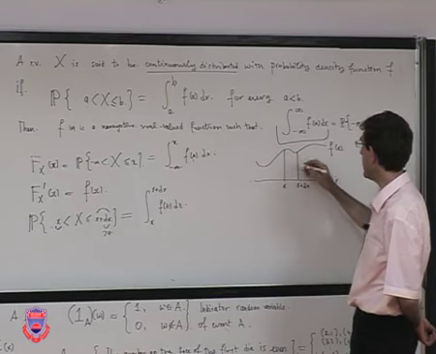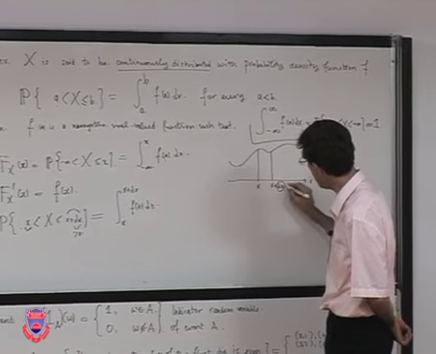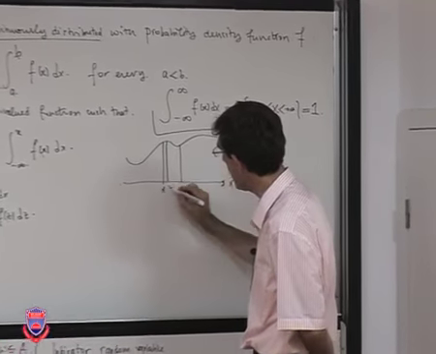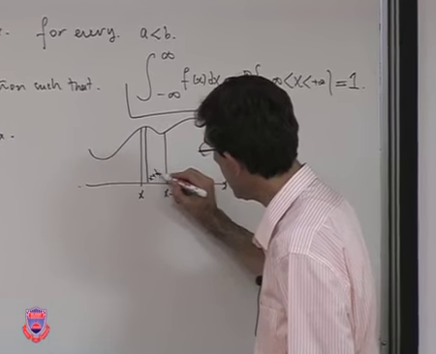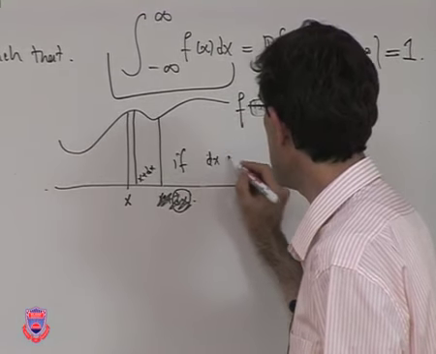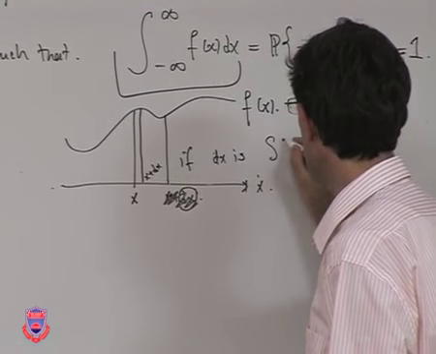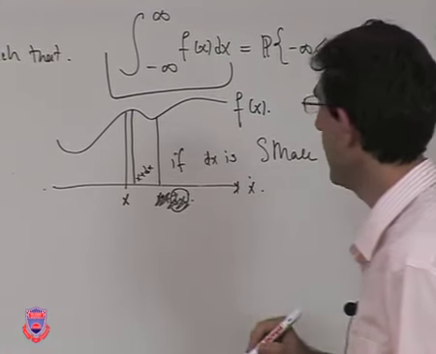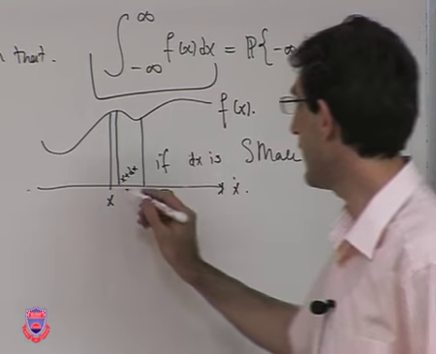Well, I exaggerated too much. Actually, if dx is too small, this number is going to be somewhere here. X plus dx. So if dx is small, it goes like that.